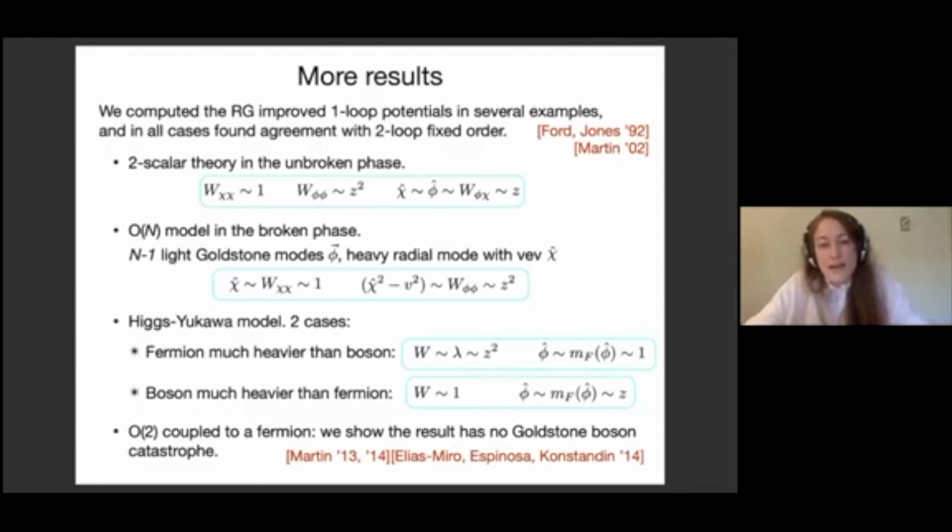So I first got interested in this problem when I was working on some SUSY breaking in some model which had nothing to do with any of this. And I wanted to know if the one loop corrections told me something new about the minimum of the potential. And I realized I couldn't say anything because I didn't know how to compute the potential reliably at one loop in that case.